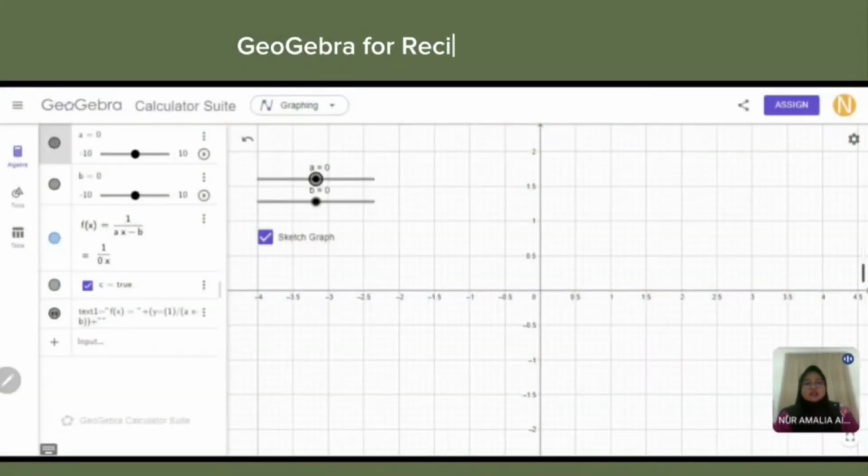And lastly, this is the reciprocal function, where in the textbook the equation is 1 over ax minus b.